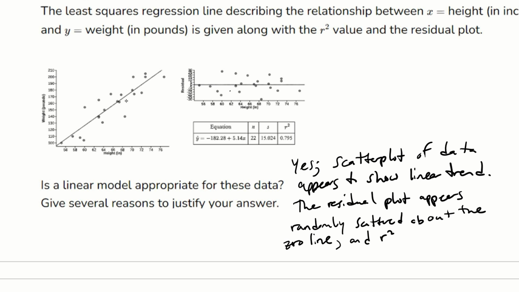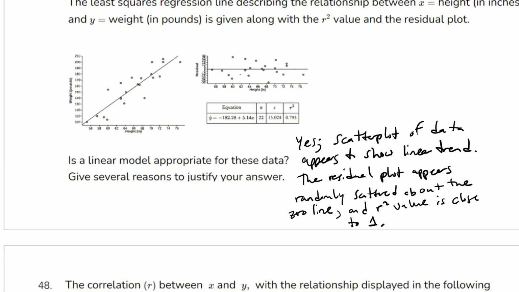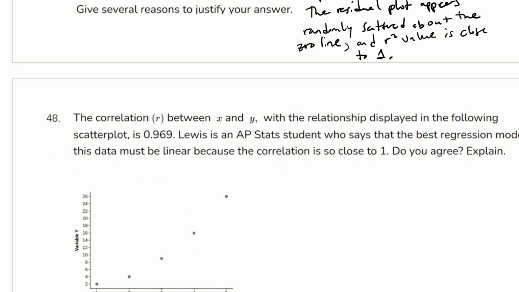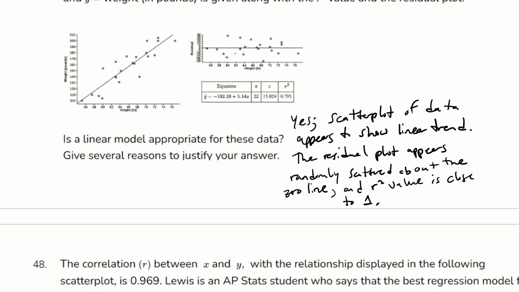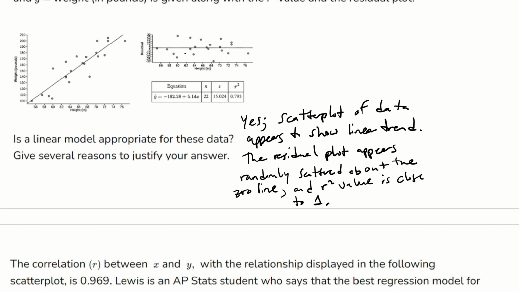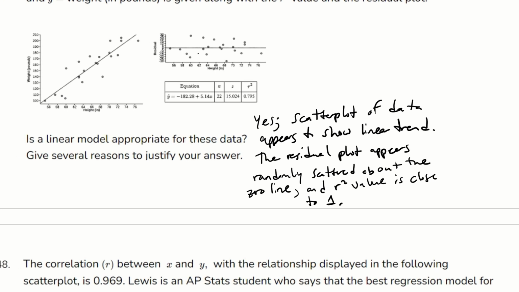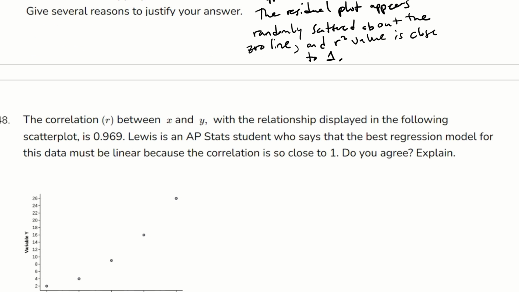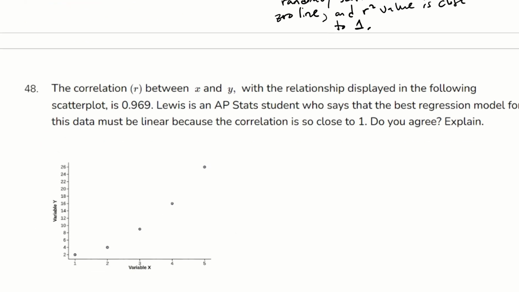And the R squared value is close to 1. All right, so those are our three things. In order for a linear model to be appropriate, the scatter plot needs to show a linear trend, the residual plot needs to show randomness, and the R squared value needs to be as close to 1 as possible. Okay, so those are the three things you want to discuss.